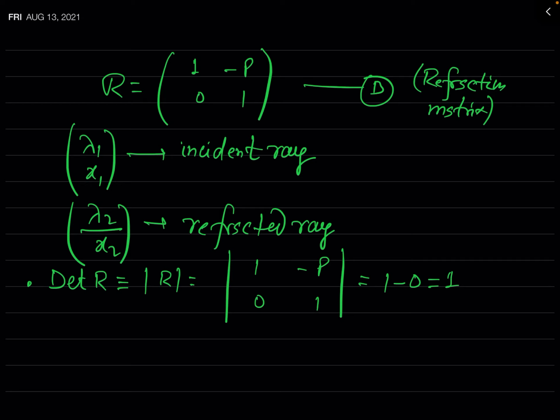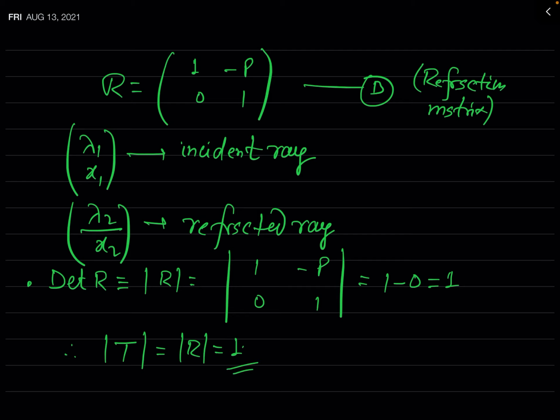So the determinant of this refraction matrix is also equal to 1, and you have seen that the determinant of the translation matrix was also equal to 1. So you can say that the determinant of T, where T is the translation matrix, and the determinant of R are both the same, and equal to 1.